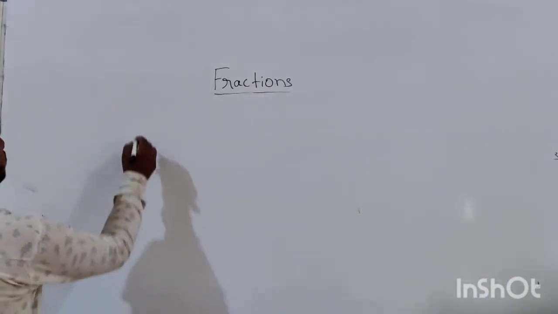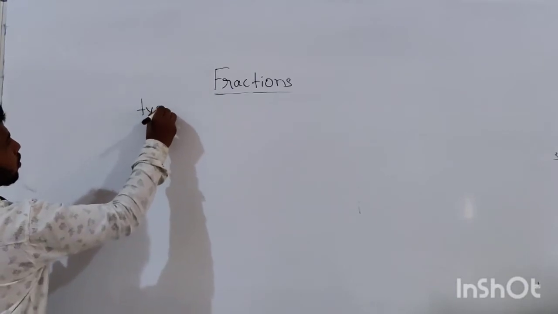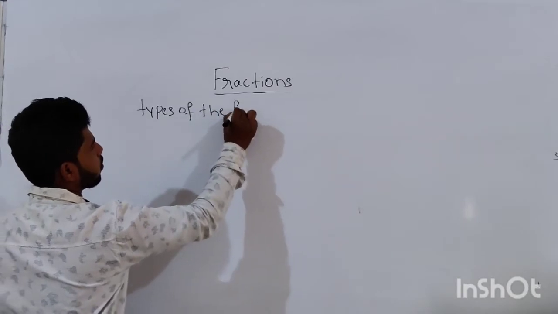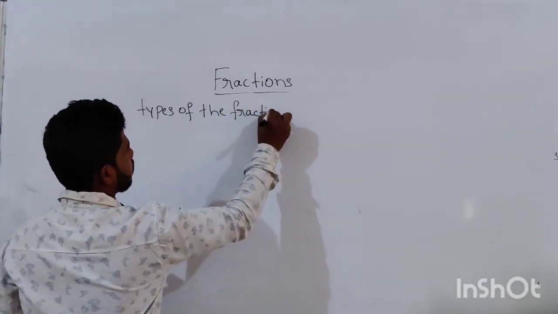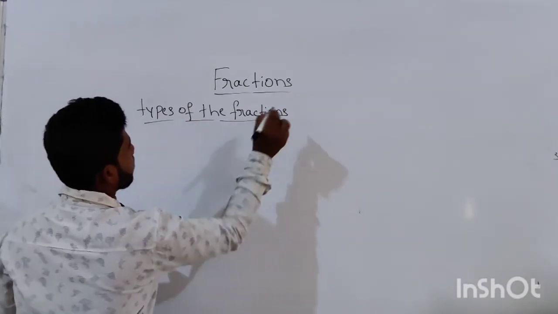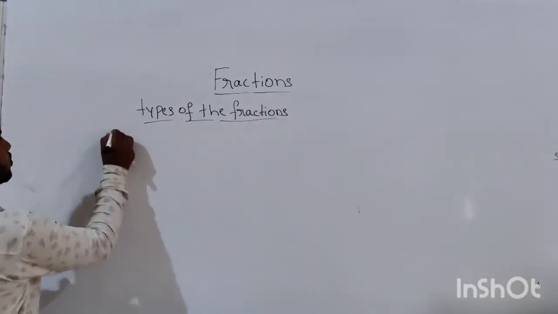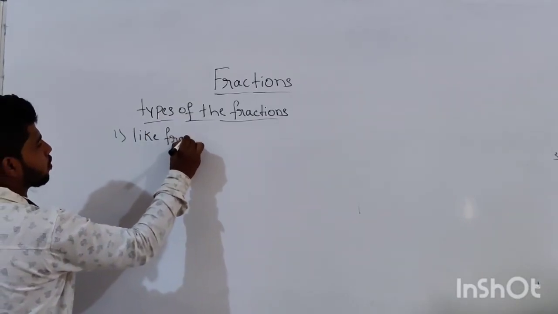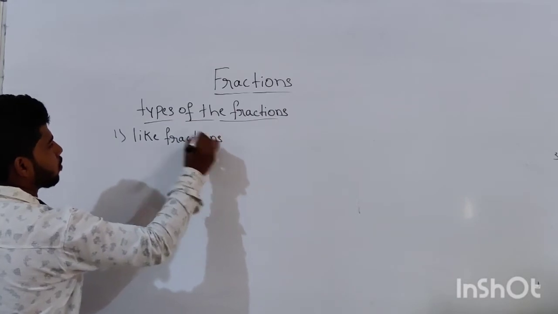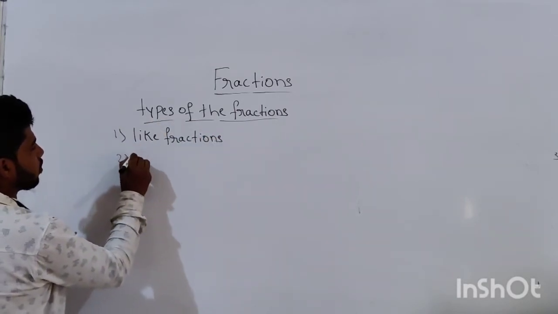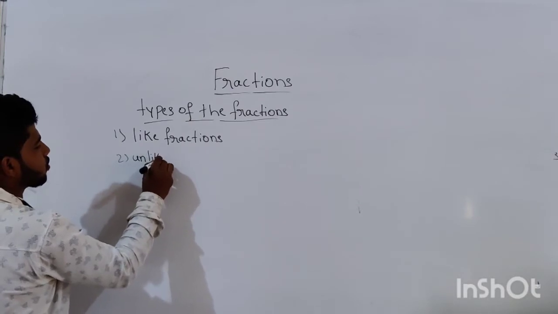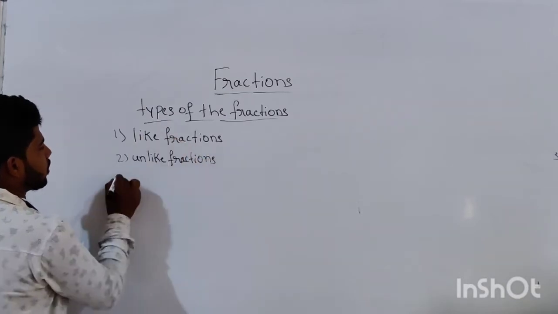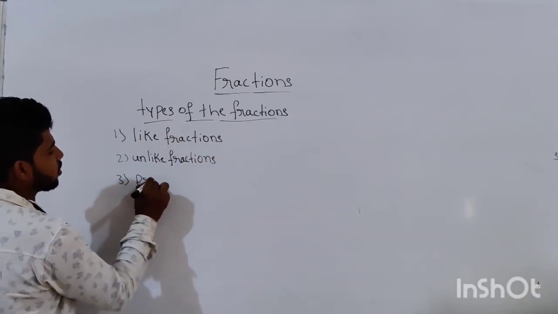Types of fractions. First one, like fractions. Second one, unlike fractions. Third one, proper fraction.